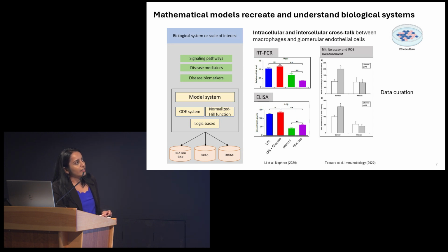And then we collect data from published studies that report changes in the protein concentrations, mRNA levels, as well as use other specialized assays to measure oxidative stress or nitrite concentrations as they change as the disease progresses.